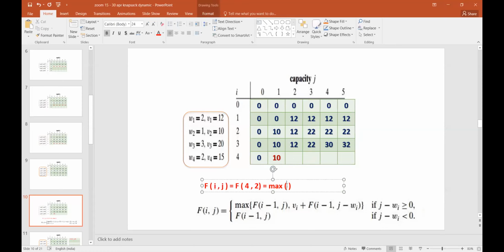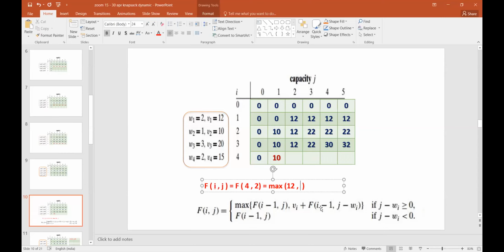So whatever value I have, I must write this 12. So nothing but copy the value from the previous row. Then f of i minus 1. Before that, I shall check what j is. j is 2. What is the weight of i? Here, the weight of 4 is 2. So 2 minus 2 is 0. It is equal to 0, so it belongs to case 2. So I can proceed. I will check here.